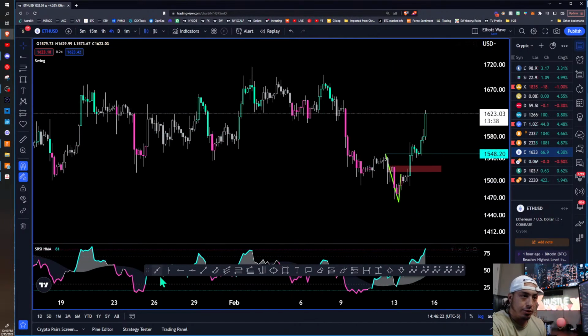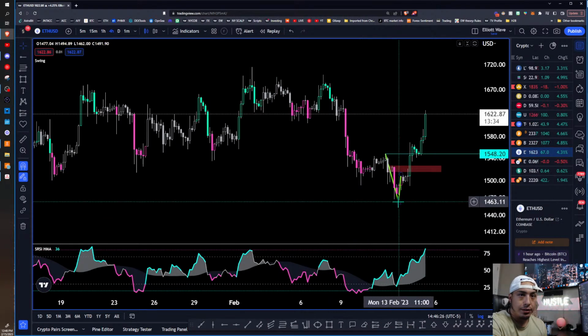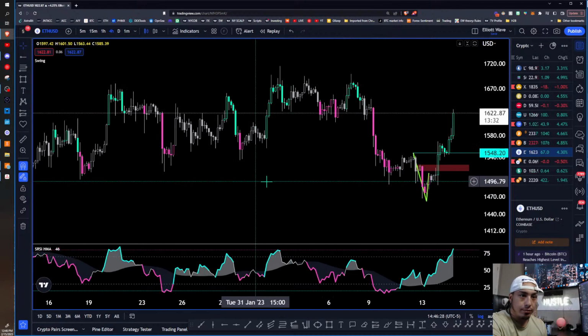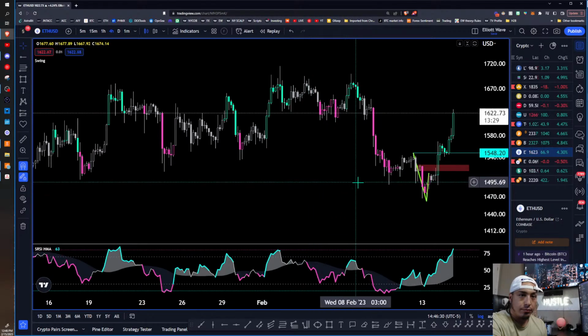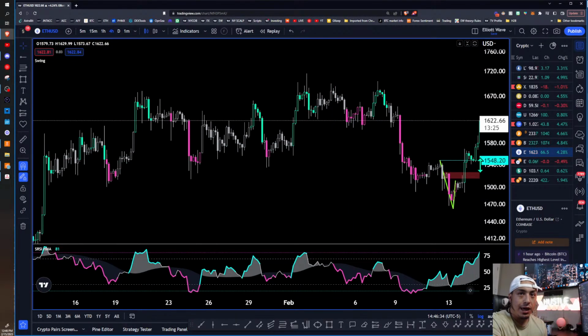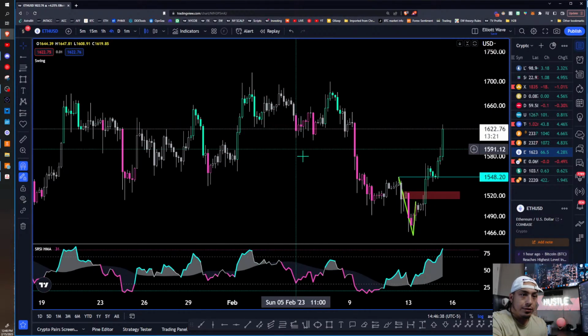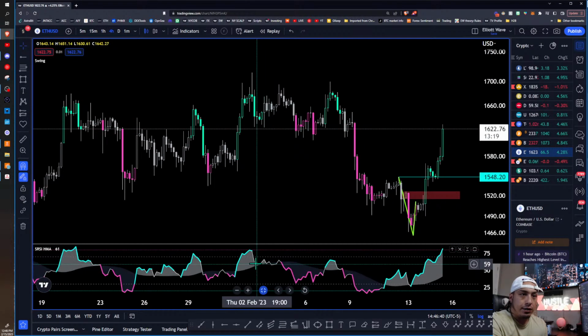So let's go to one that fails. And again, it can be used for every type of divergence you see, no matter what. Say you thought this was a good hidden divergence right here.